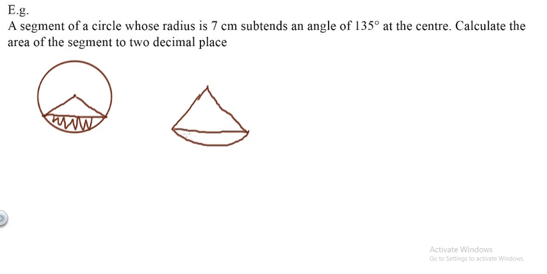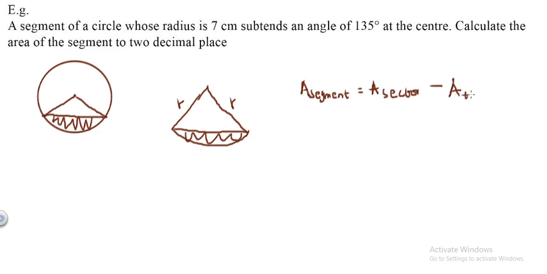But remember, what we care about is the segment, not the sector. So how do we get the area of the segment? We can get the area of the segment by doing area of segment is equal to area of sector, which is the area of the entire thing, minus area of this triangle, so that we can get the area of the segment here.